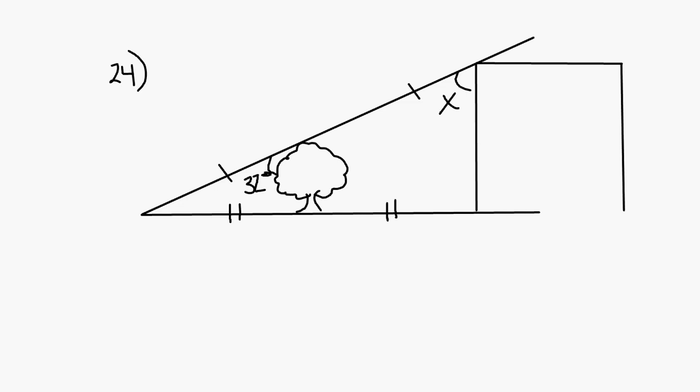Doesn't this symbol mean that the angles are congruent? Yeah. So if this is 32, then X is equal to 32. Okay. I hope so. What number is that one? 24? Yeah, that's 32. That's kind of a gimme.